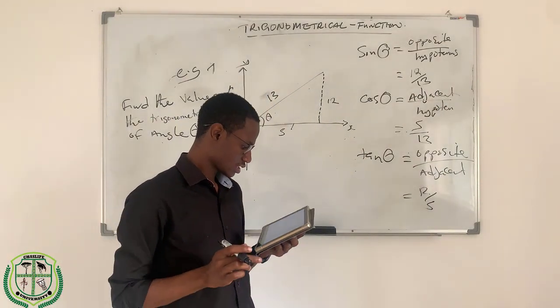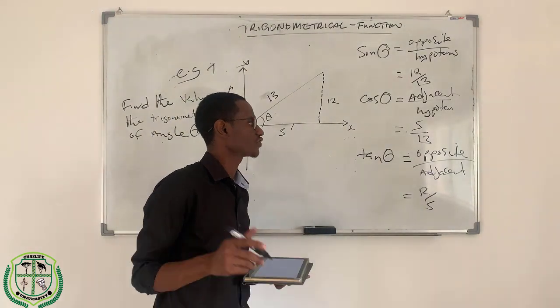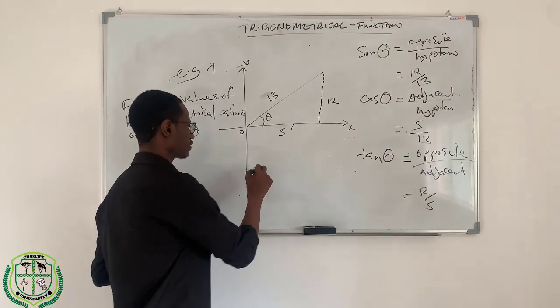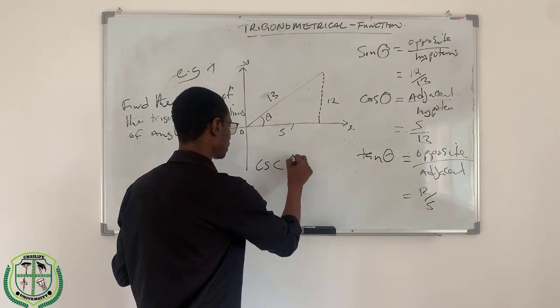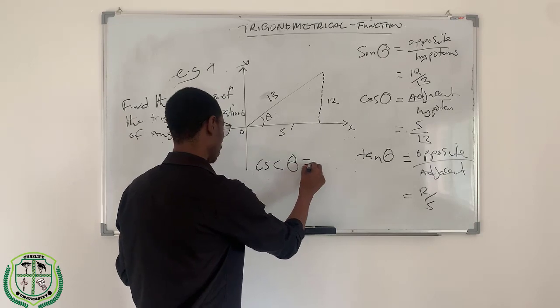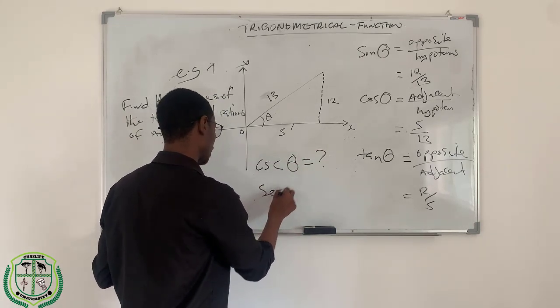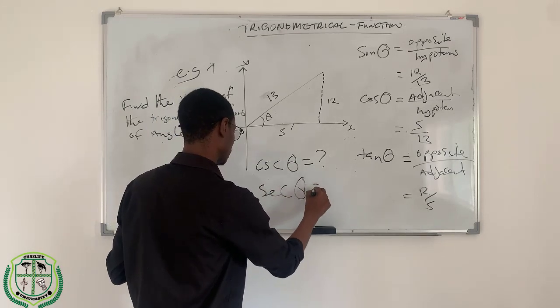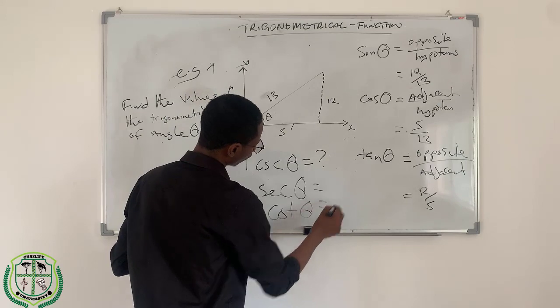So, here, these are our things. So, the exercise I'm giving you now is find the cosecant, find the secant, and find the cot.